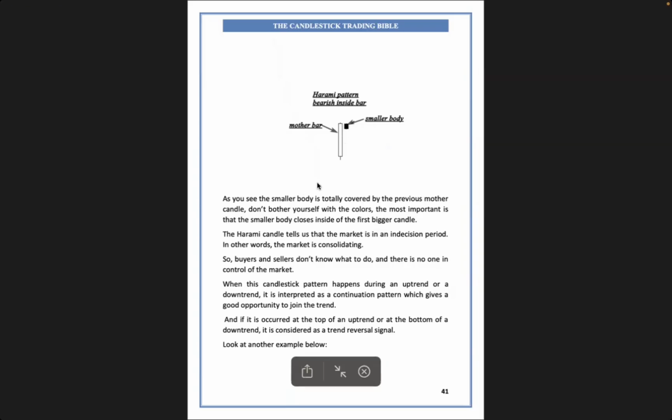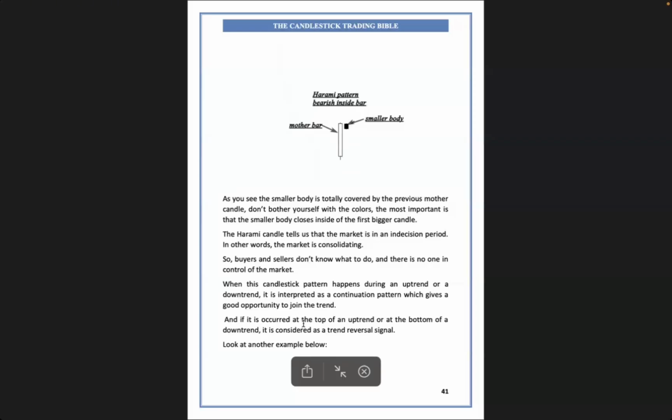Maybe you've already missed the entry, so maybe it's moved for some time, and you see a candlestick pattern. It means it's most likely going to continue being bullish. Do you understand? So it gives a good opportunity to join the trend.